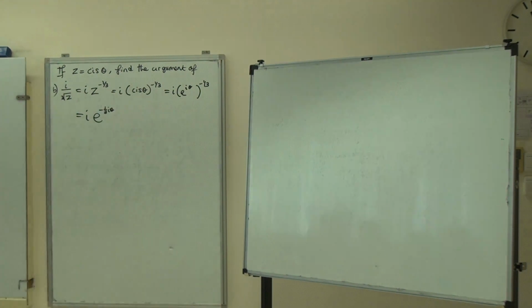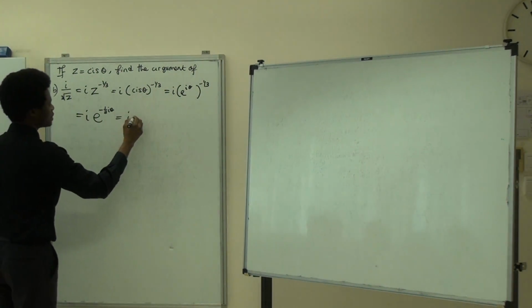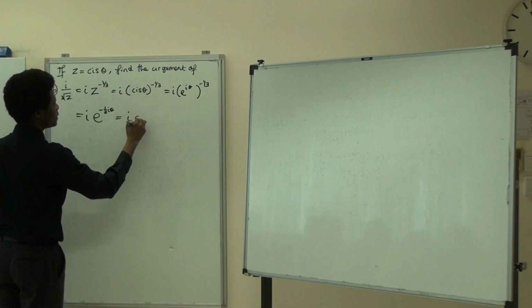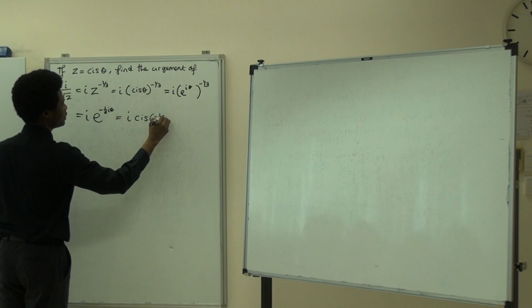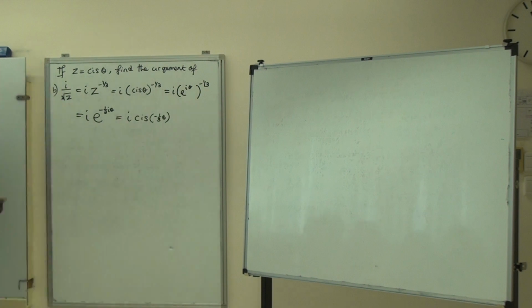So this is where we kind of get stuck, more or less. Or we can go further by saying this is e raised to power i cis minus 1/3 theta. Yes? Or theta over 3.